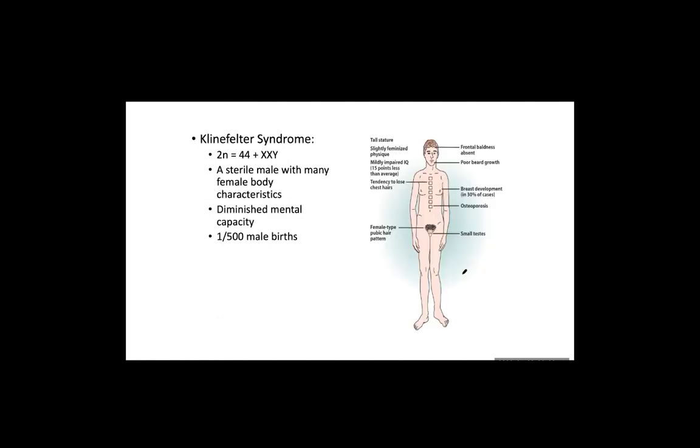So like this, you can see some breast development like a woman, and one extra X chromosome. The testis is abnormally small, and they are sterile. The probability is 1 out of 500 male births.